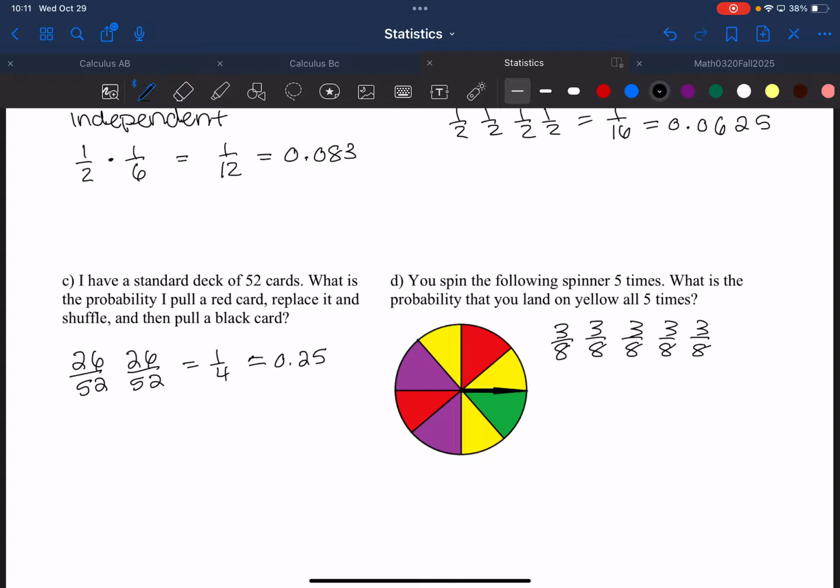And then we're multiplying those fractions all together, and we get 0.007. Okay, so that's less than 1% chance. Okay. Any questions on independent events?